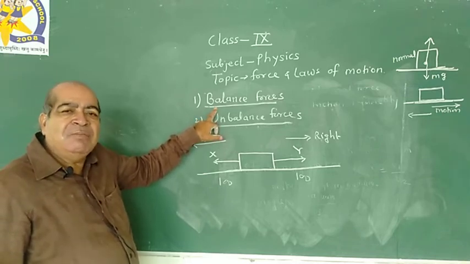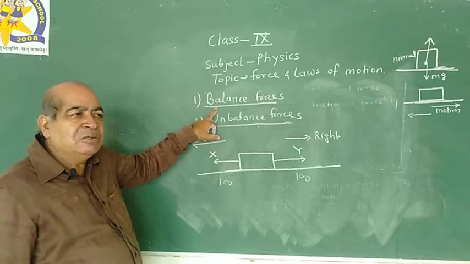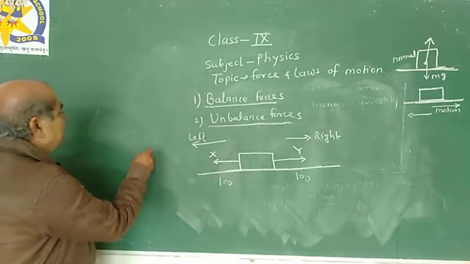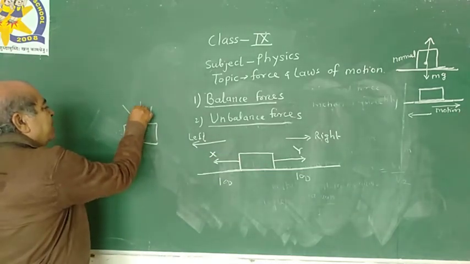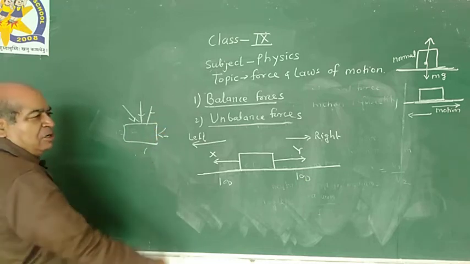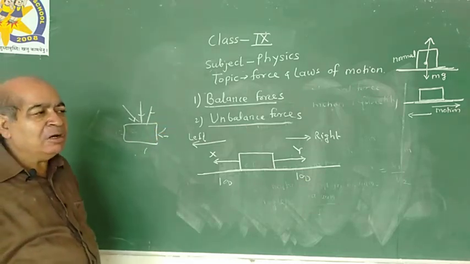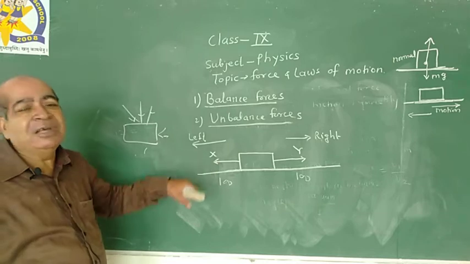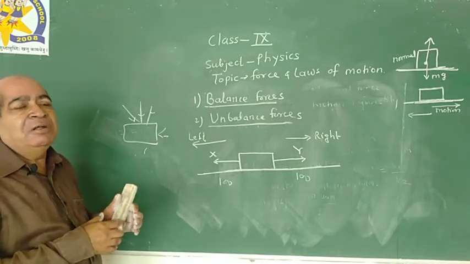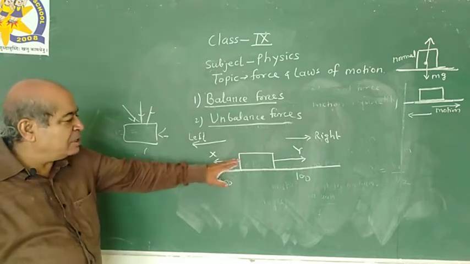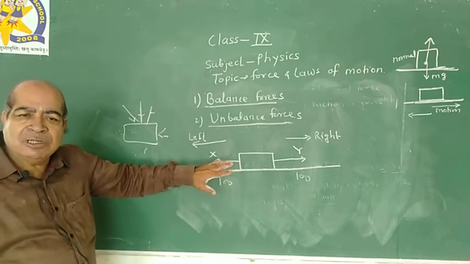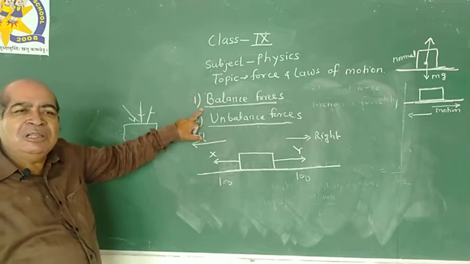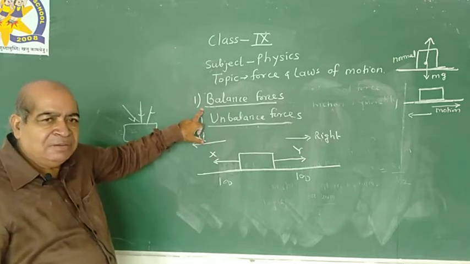Here only two, but there may be a number of forces acting on the body in different directions. If they do not change the state of rest or the state of uniform motion of the object, then these are called the balanced forces.